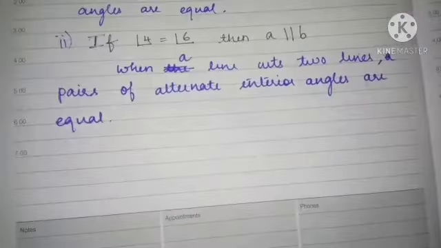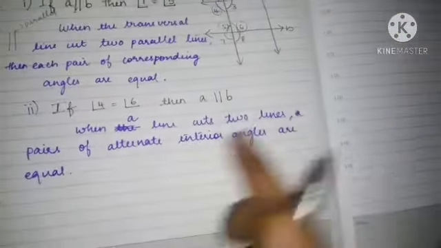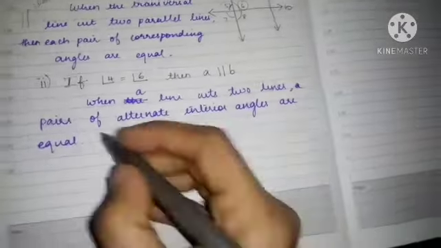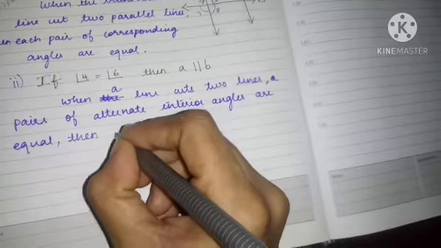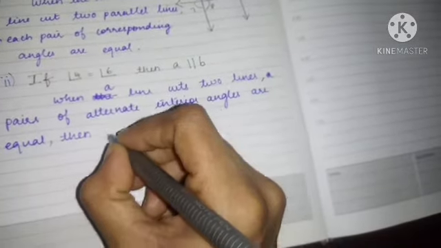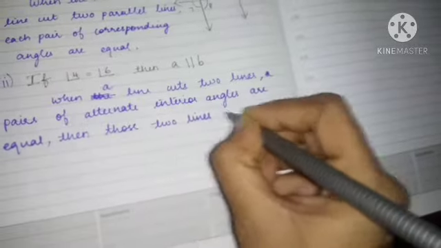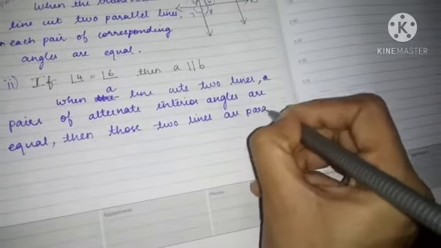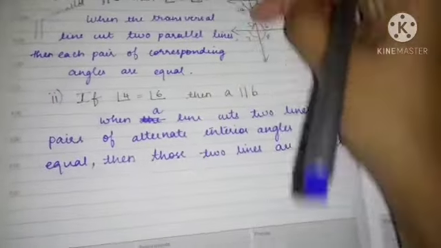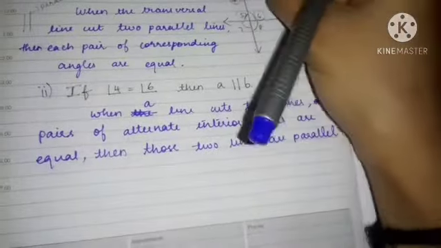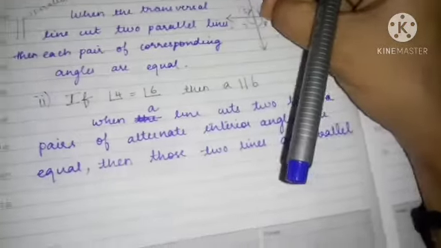When this line cuts two lines and pairs of alternate interior angles are equal, then we can say those two lines are parallel. See, when a line cuts two lines and a pair of alternate interior angles are equal, this 4 and 6 are equal, right?